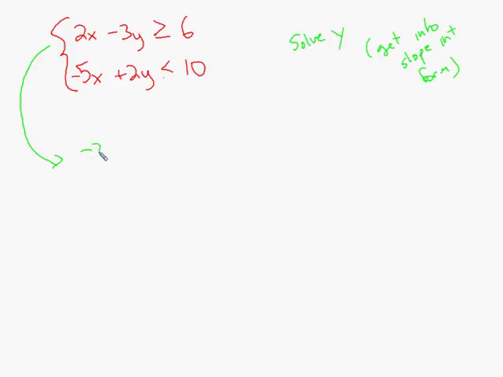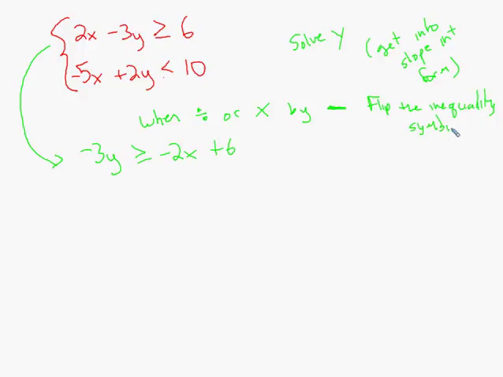So I'll subtract the 2x. And then I'm going to divide by -3. Who remembers something that we need to do when we divide by a negative? You have to switch the sign. Yeah, I need to switch the inequality. So when you divide or multiply by a negative, flip the inequality symbol.